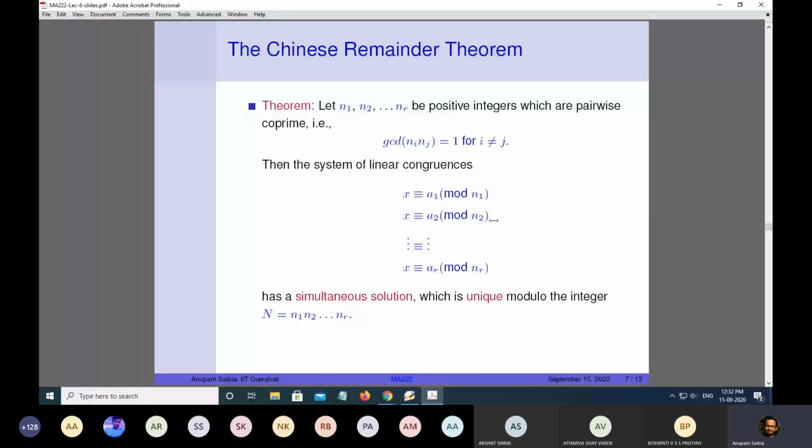So how do I solve it? This solution is not difficult and it is explicit. The good thing about the proof is that it is an effective proof. It tells us how to find the solution, because there are certain proofs which don't help in finding the solution. Unlike Euclid's algorithm, by the well-ordering principle we can say that the GCD of two integers a and b is of the form ax naught plus by naught, but how to find that x naught and y naught?